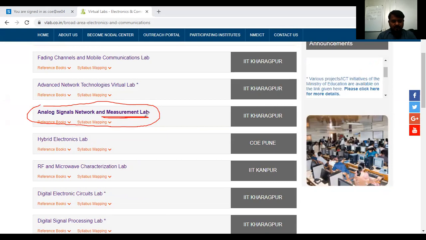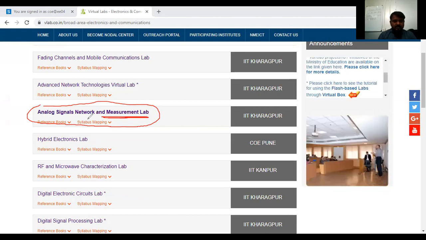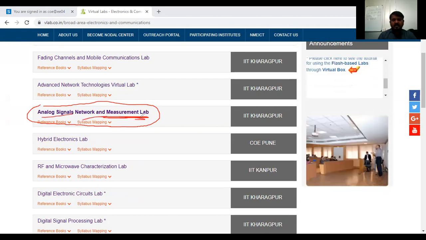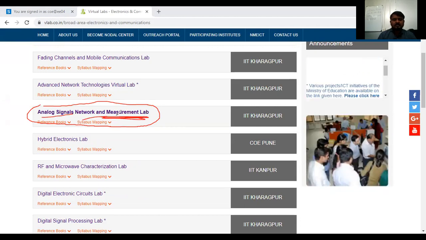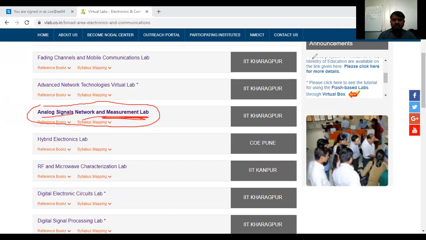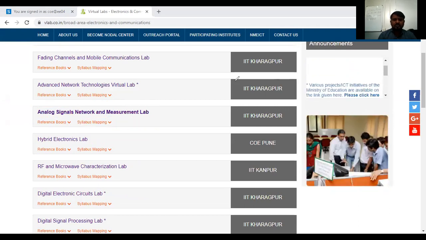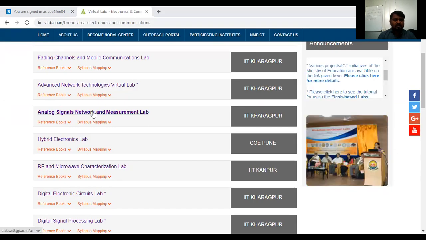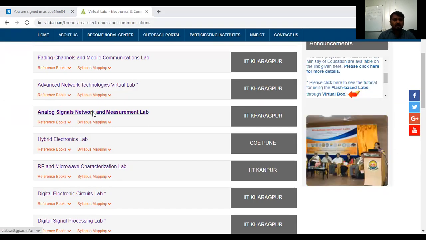Yes or no? Yes, sir. Analog signals, network, and measurement lab, designed by IIT Kharagpur. They have developed this virtual lab. Nothing to do here, just click on analog signals and network simulation lab.